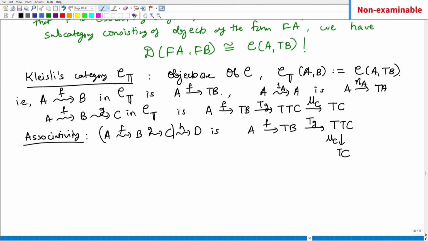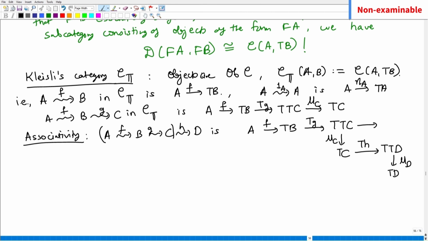I am purposely writing this morphism vertically, although I am just taking composition. Then from TC, I have to use H. So what will H do? TH to TTD, very good, and TTD to TD by mu D. Now I have designed the diagram in such a way that everything has to happen properly.